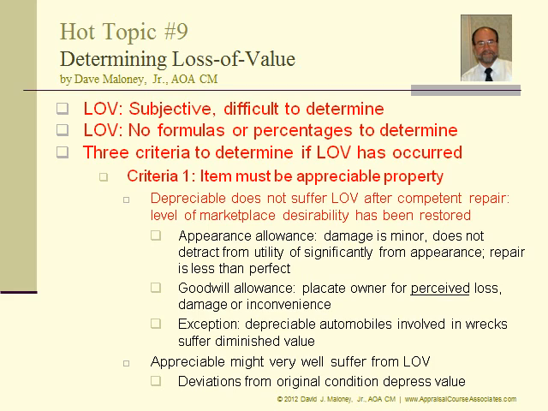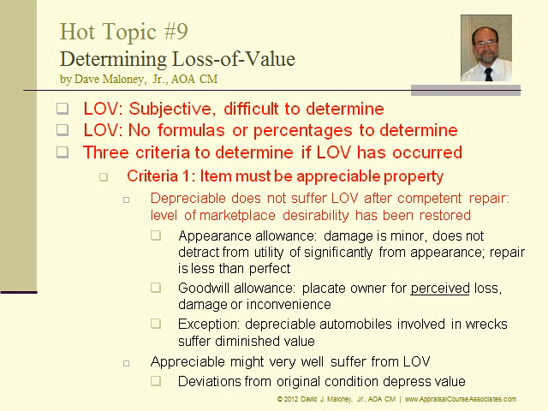Why? Because the repair has restored the item's level of marketplace desirability to its original level. In other words, the marketplace's expectation of an acceptable level of like-new or pre-damage condition has been restored. Consequently, no loss of value has occurred.